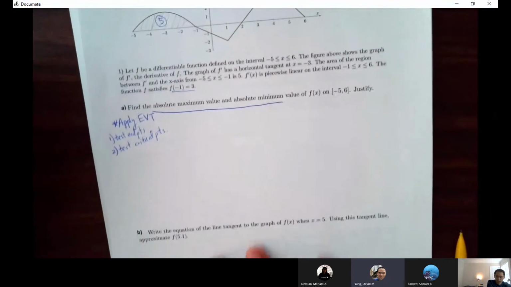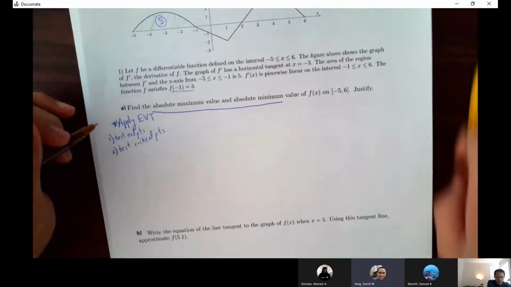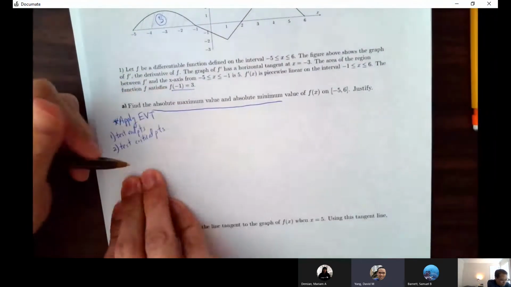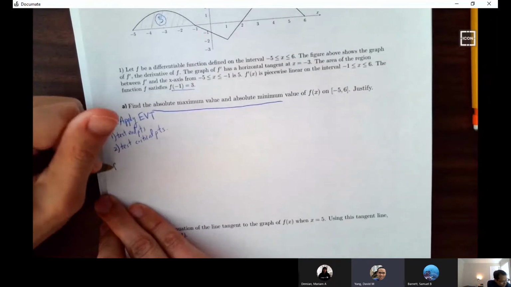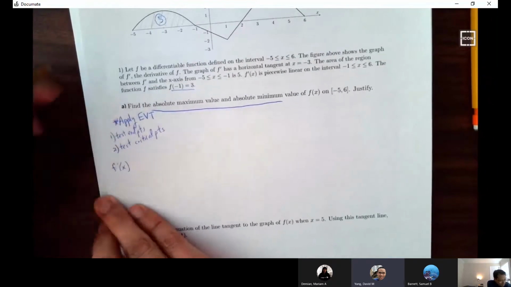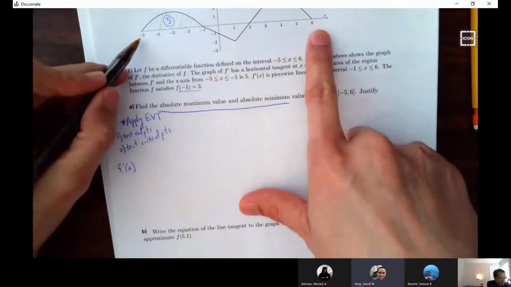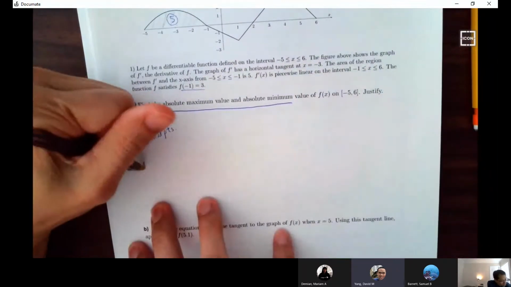Right. But let's create an f prime sign line just so that we can have some idea as to where the relative max and the critical points are. So here's my f prime sign line. We'll extend from -5 to 6. Those are our endpoints.